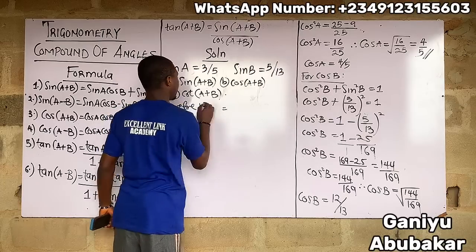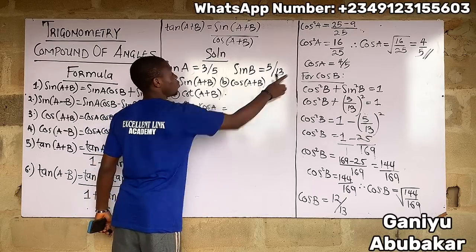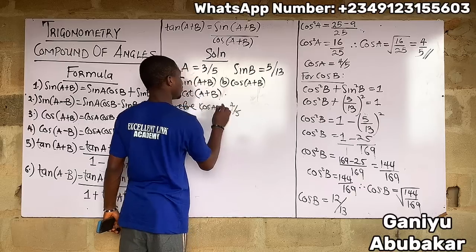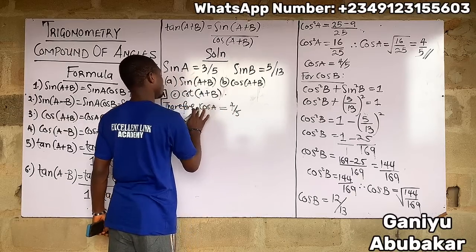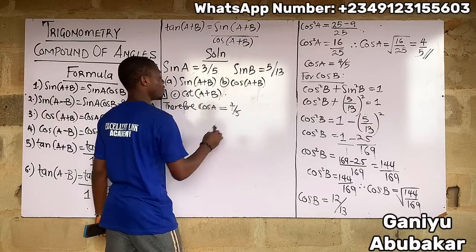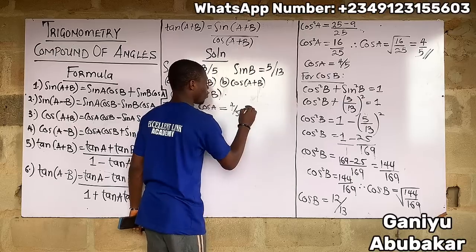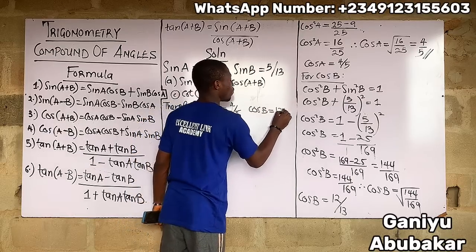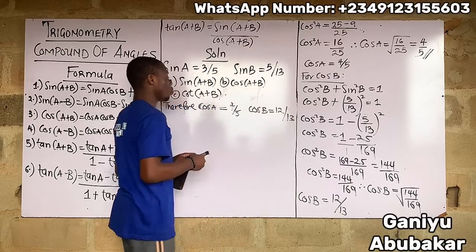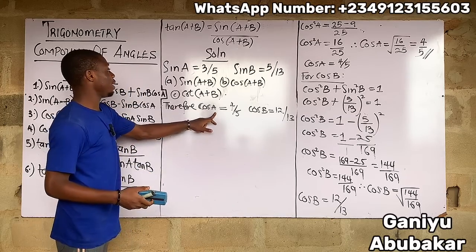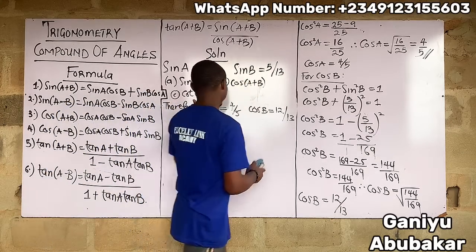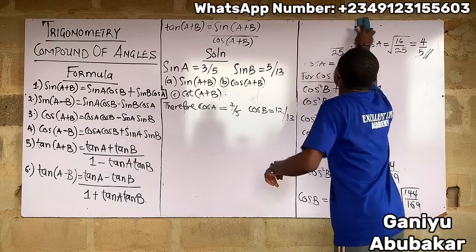Cos A. Cos A is what? 4/5, right? Am I right? Next up, we look at cos B, which is equal to 12/13. So I know cos A, sine A, I know cos B and sine B. So let's find what we have to look for.